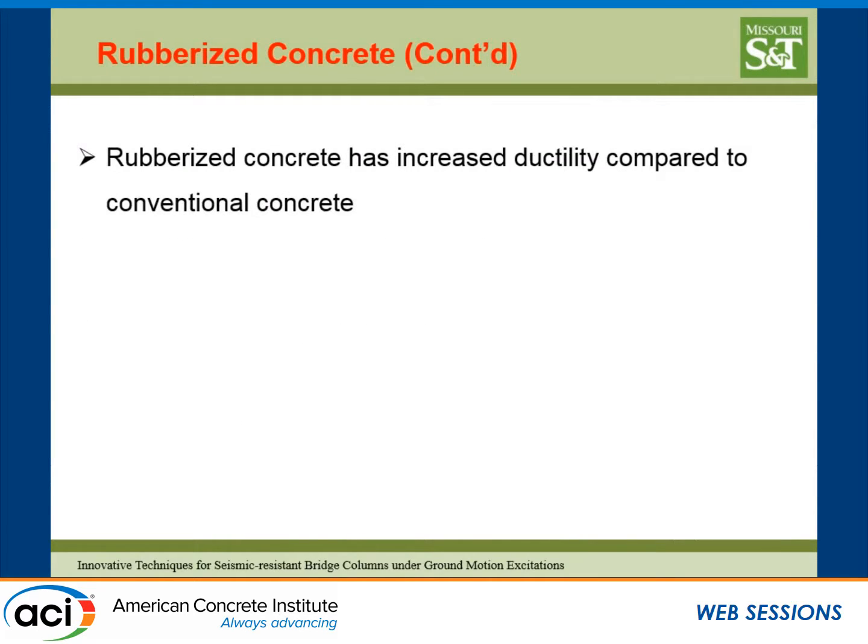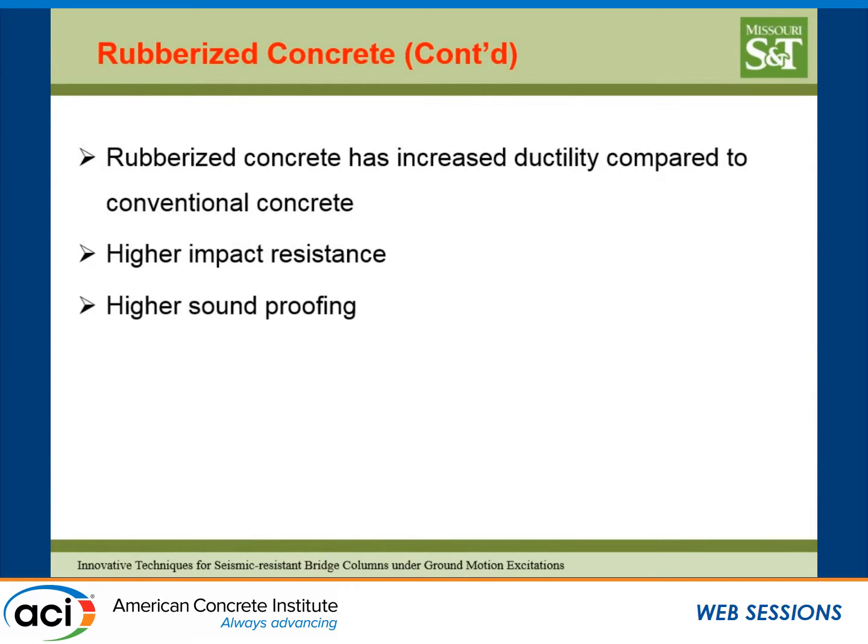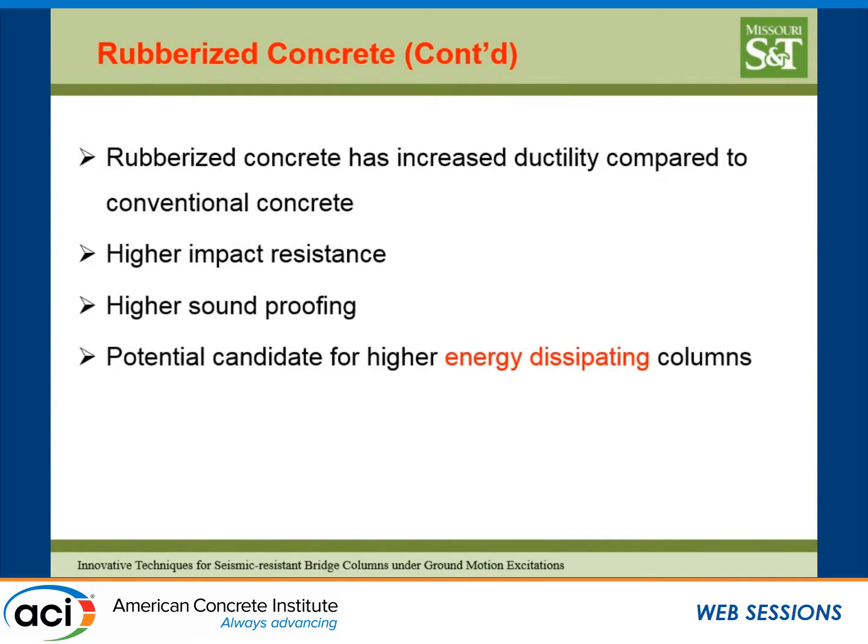So what is the advantage? There has been some research on rubberized concrete at the material level, showing that it would increase ductility. There has also been some research on impact, which showed that rubberized concrete has better impact resistance and soundproofing. So a lot of good stuff, but unfortunately, we don't have enough structural testing.